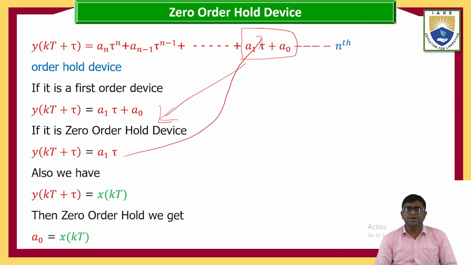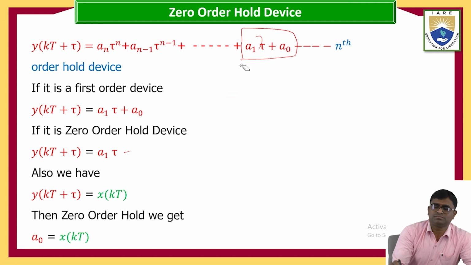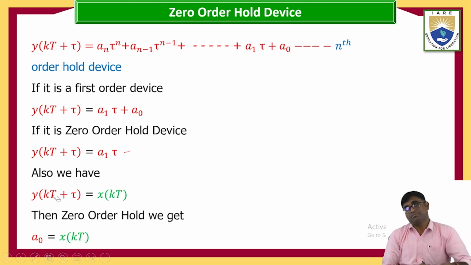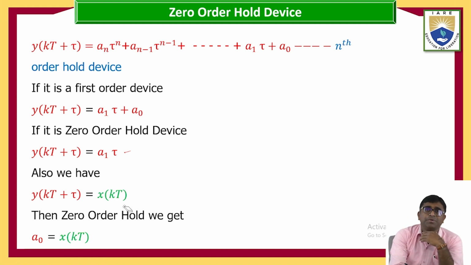Now I am taking, we know, y of k plus tau is nothing but the output of the discrete time system, where x of kT is nothing but the input of the discrete time system.